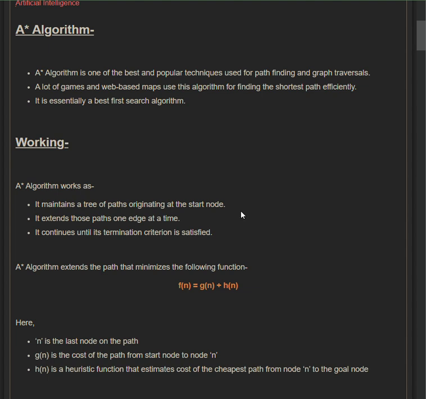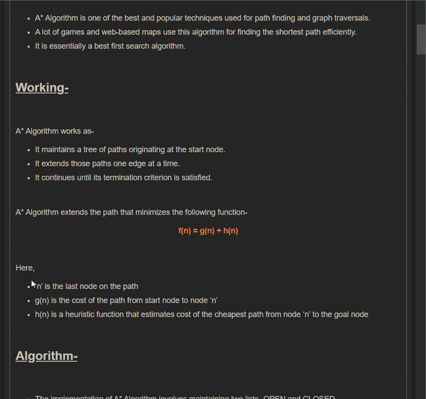The formula is f of n equals g of n plus h of n, where g of n is the cost to reach the node n from the start, and h of n is a heuristic that estimates the cost from n to the goal, as you can see here as well. This combination allows A-star to efficiently zero in on the shortest path without getting stuck in long, inefficient detours.